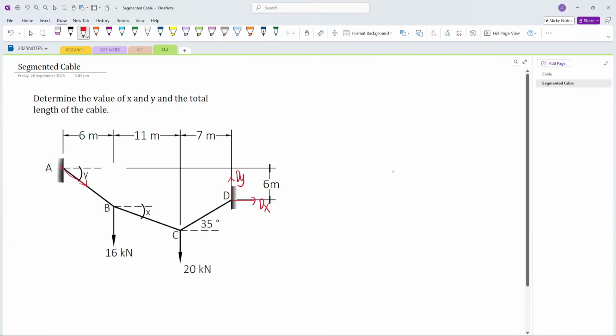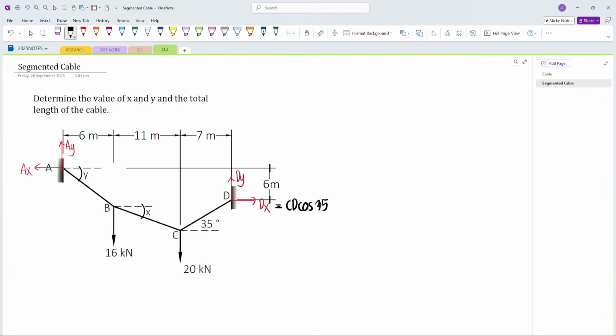So, essentially, AY is acting upward, then AX is acting to the left. Ayan. Now, since alam natin na yung DX is just the horizontal component of CD, then this is equivalent to CD cosine 35.